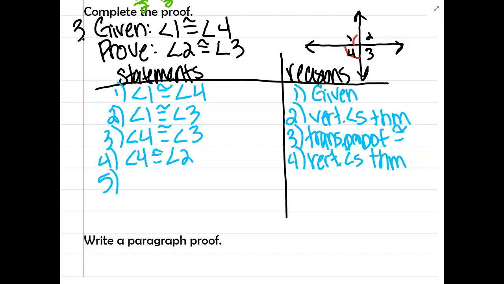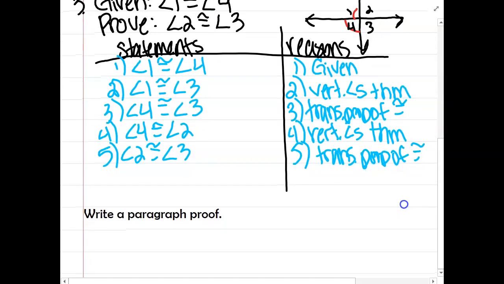Well, if angle 4 is congruent to angle 3, and angle 4 is congruent to angle 2, exactly, angle 2 has to be congruent to angle 3 because of the transitive property of congruence. Very good. So we used the same two properties there. Okay. Questions on that one?